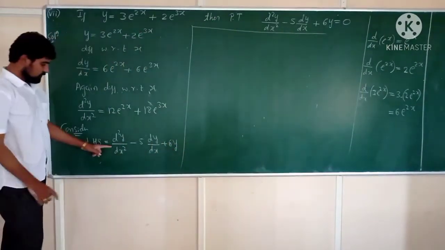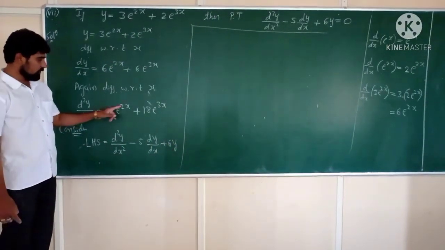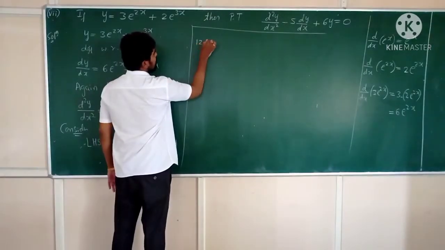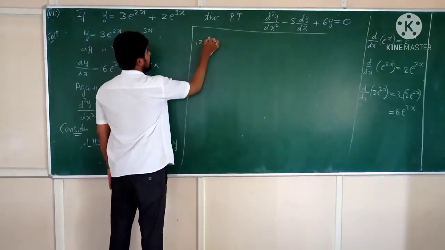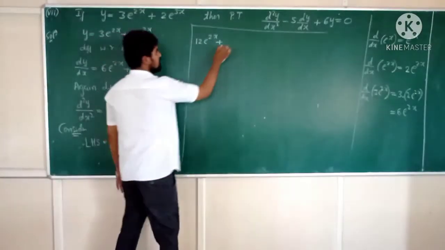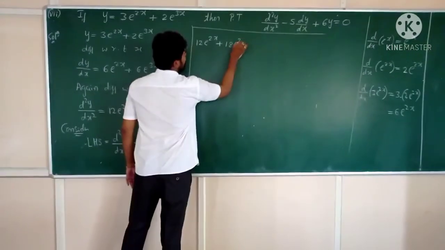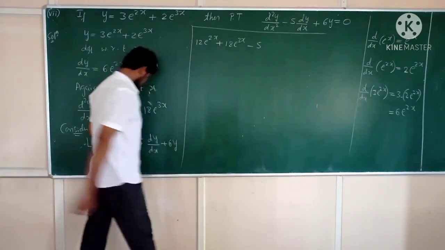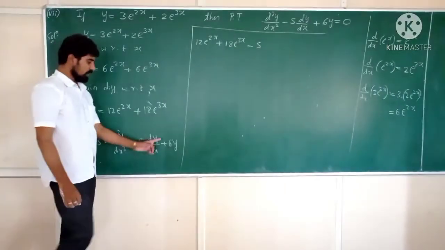The value of d square y by dx square is 12 into e power 2x plus 18 into e power 3x, minus 5 into dy by dx.